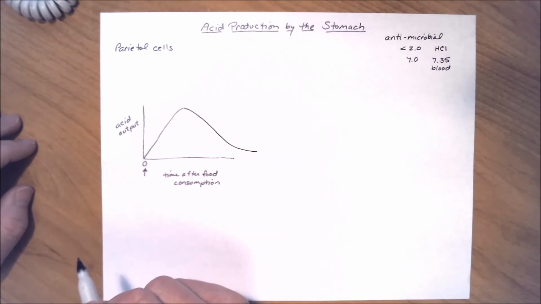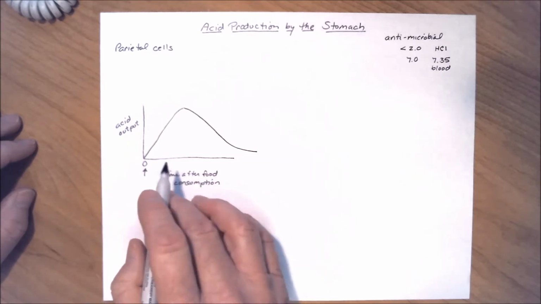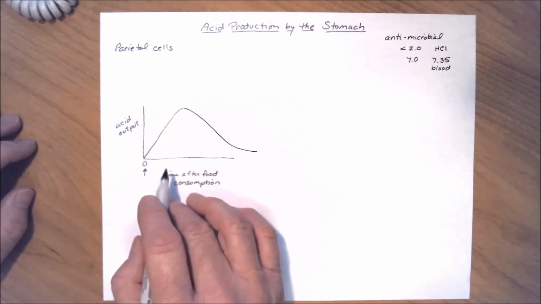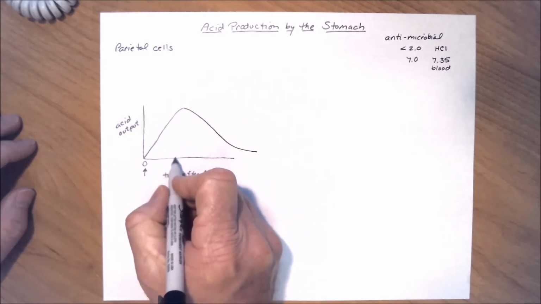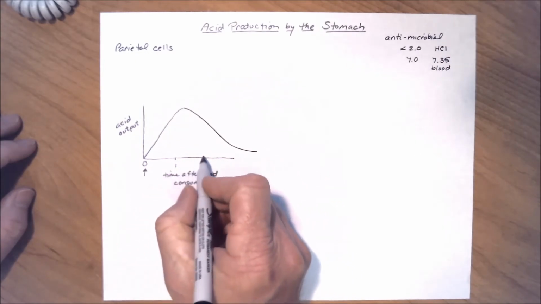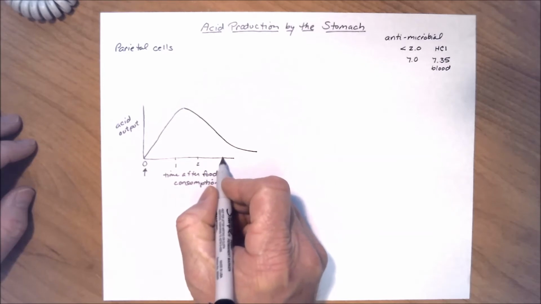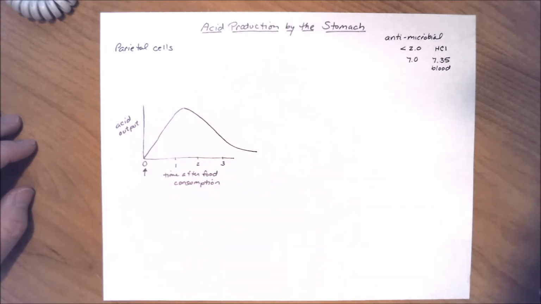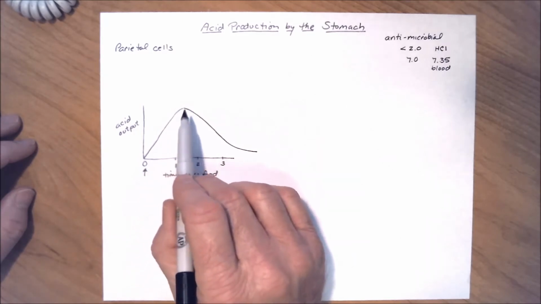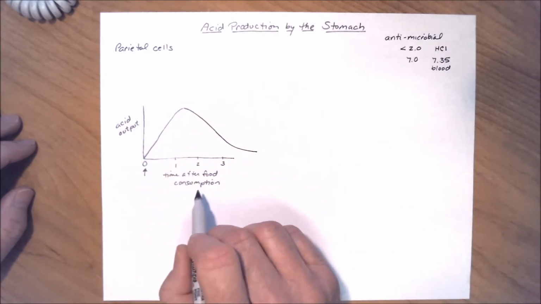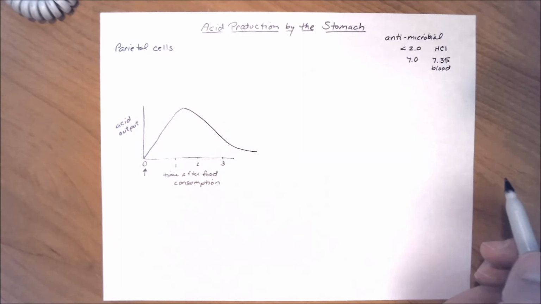The pH is actually about 6 in the basal state. We're talking here on the order of 1, 2, and 3 hours. So there's a rapid acidification in the lumen of the stomach due to the consumption of food.